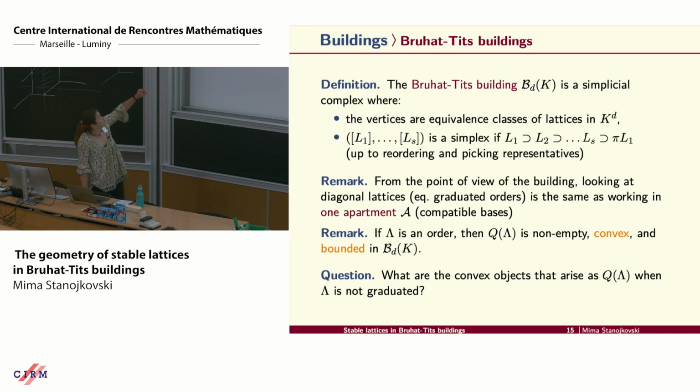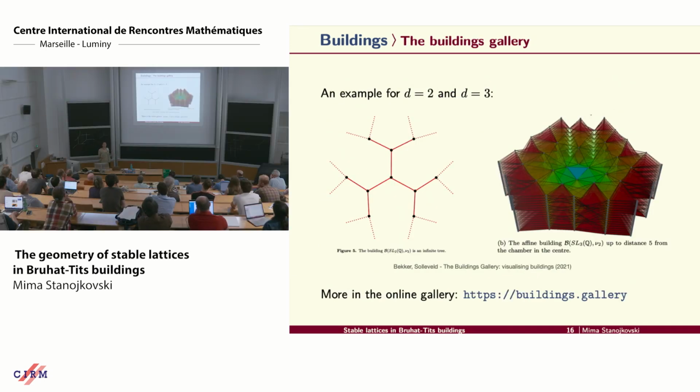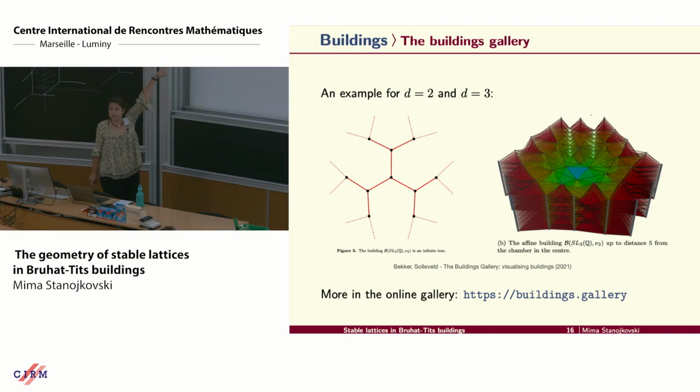Okay, so here is just to give you a picture of what buildings look like in small dimensions. So if you take d equal to 2, you always get a tree. So this is a tree for k equal to Q_2 with the 2-adic valuation. And that is with the same pair, the case where d is equal to 3. An apartment here is an infinite branch.